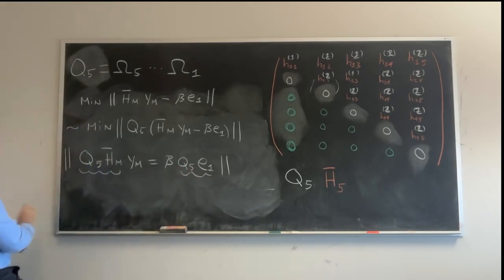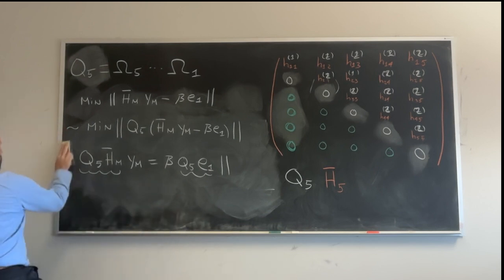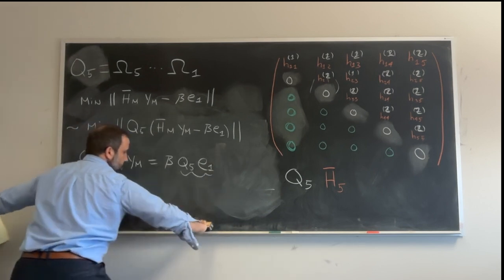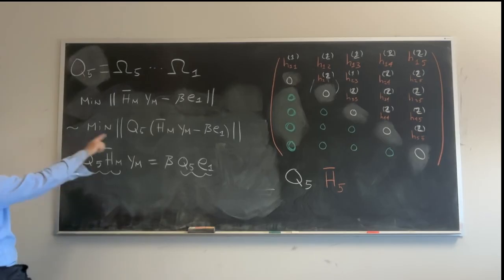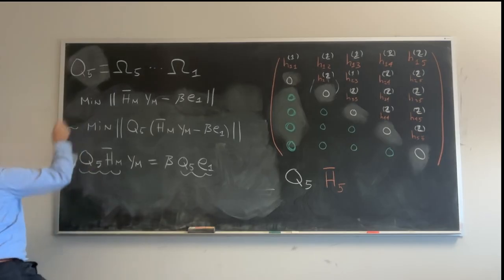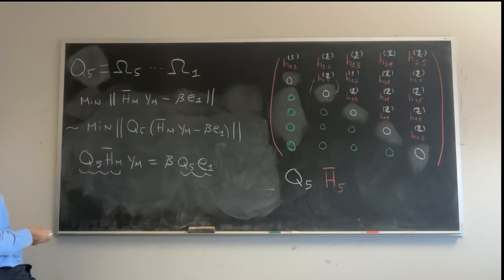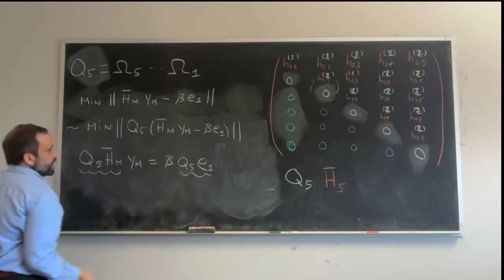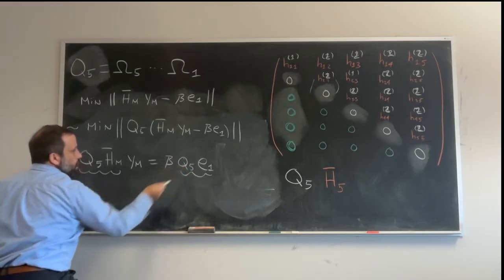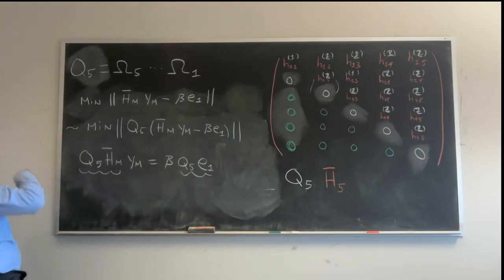Sorry, let me put it there. Oh no, sorry, I don't need the norm bars. So now I want to solve this system of equations. The solution to this system of equations is going to be the solution to this minimization problem. This is an upper triangular matrix. This is something that I can compute. I mean, Q5 times E1 is just going to be the first row of Q5, right? So I can compute this pretty easily.